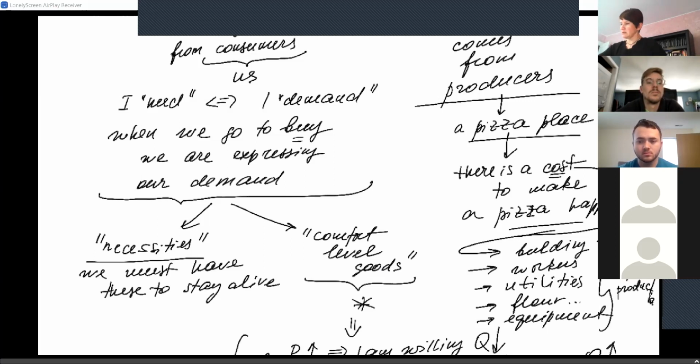Oh, that's not good. Okay. Cost of production. So basically what I'm trying to say is there is money involved before you see the first pizza that is ready to be sold.